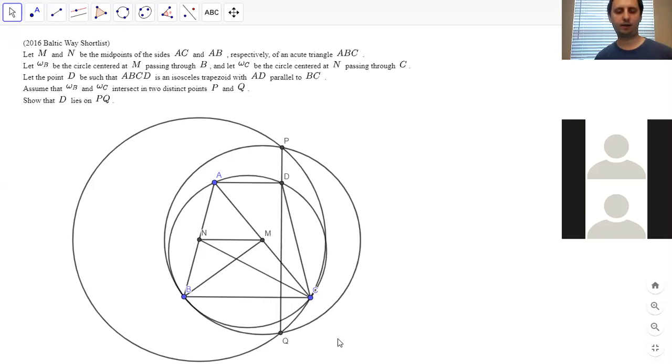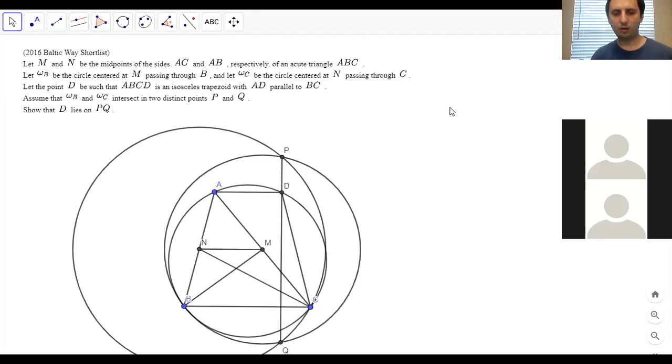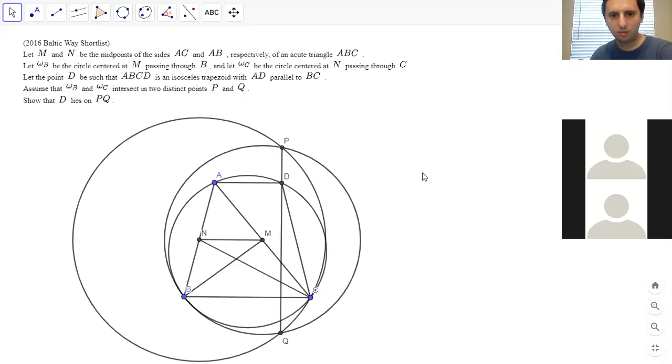I can prove that, but I need to show that D lies on that. I wonder if there are some congruent triangles, but we need to compute the power of point D.